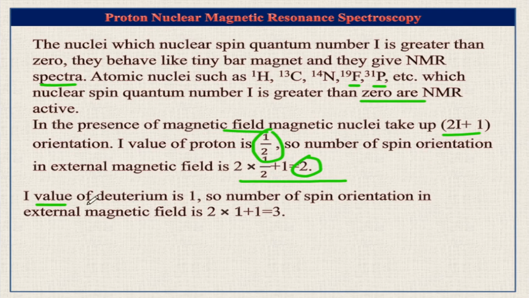The I value for deuterium is 1. So in the presence of a magnetic field, deuterium nuclei go into 2 into 1 plus 1, that is 3 energy levels.